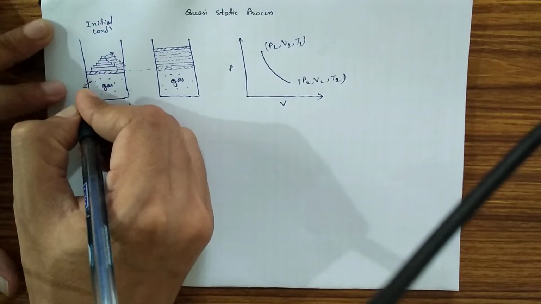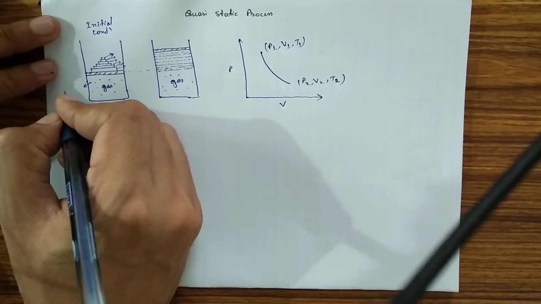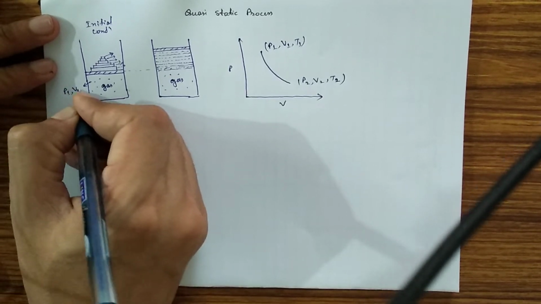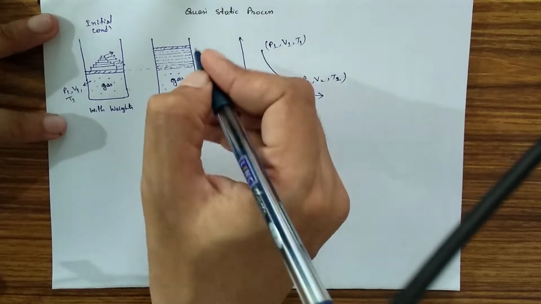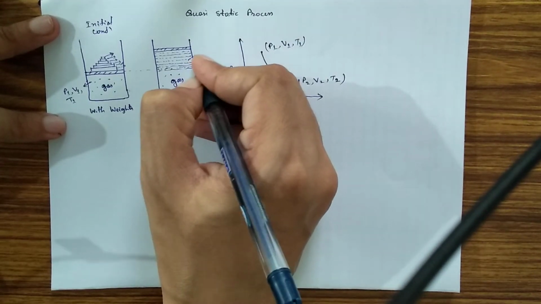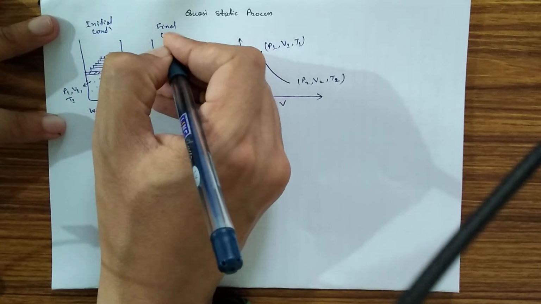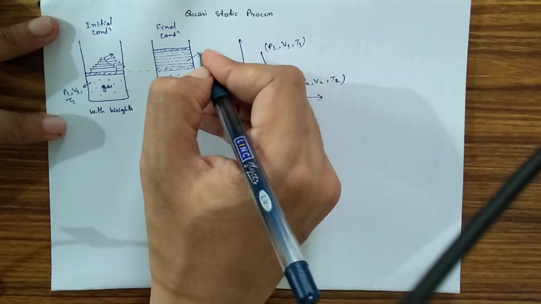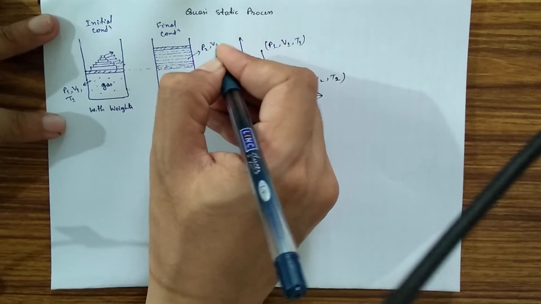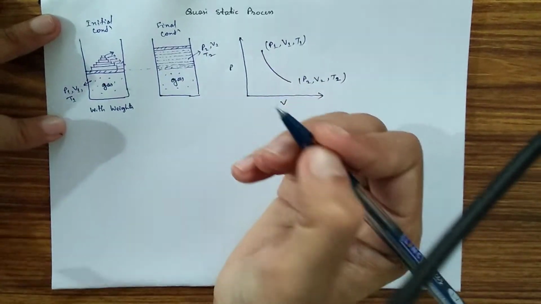This was the initial condition, P1, V1, T1, and this is the final condition, where the pressure is P2, V2, and temperature is T2.